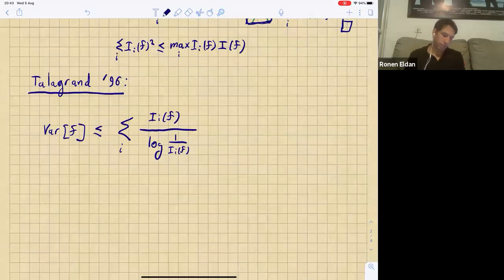And there was a question floating around of trying to characterize, so we know this is sharp for tribes, but we'd like to give some characterization of what a function looks like when this inequality is sharp, or sharp up to a constant.